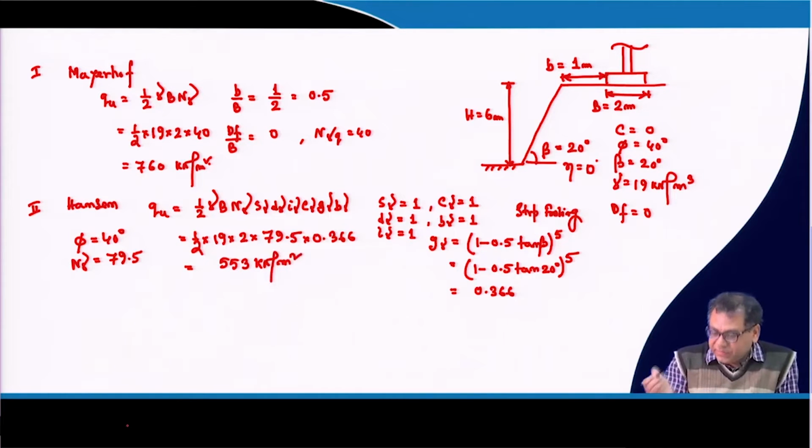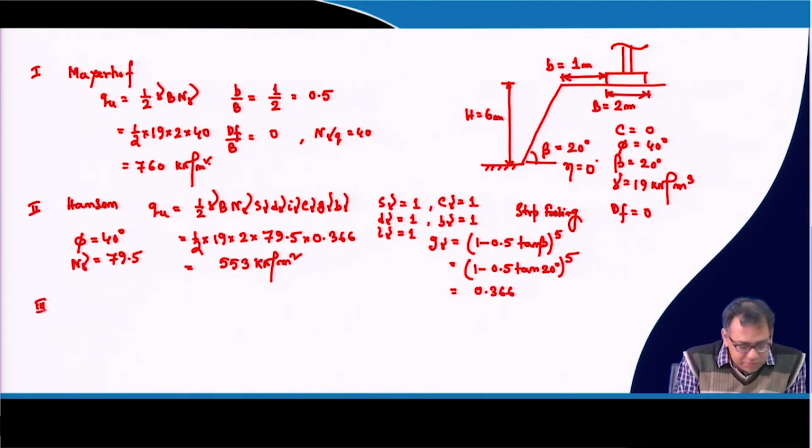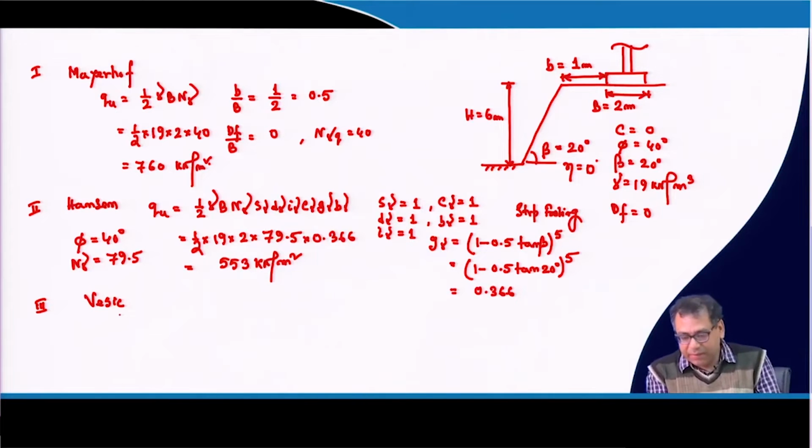Okay, so now I will go for the third approach, which is Vesic. Again, if we have sloping ground, here you can put those recommendations: if it is eccentric loading, if compressibility is there, you can provide the shape factor.